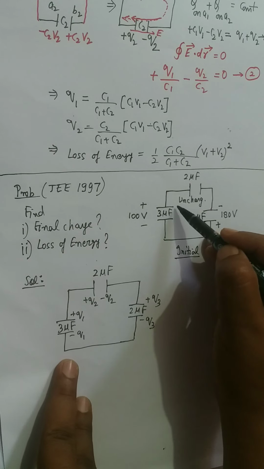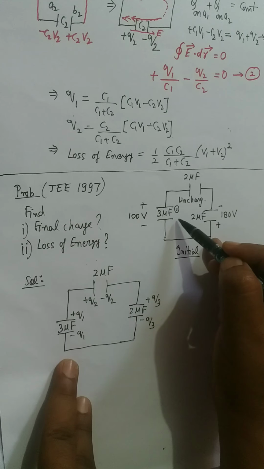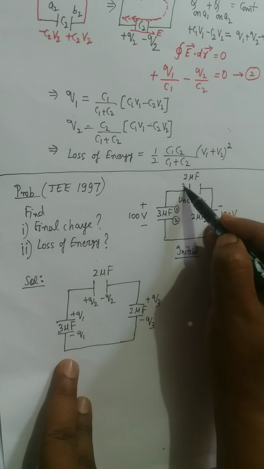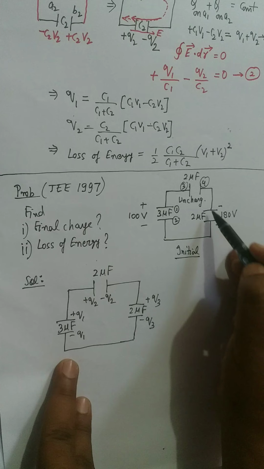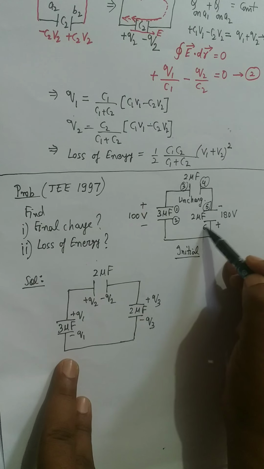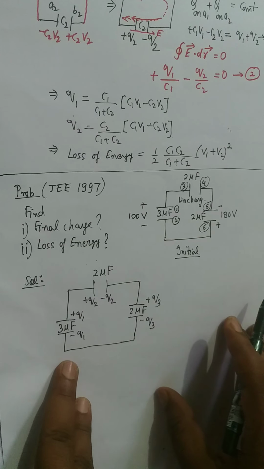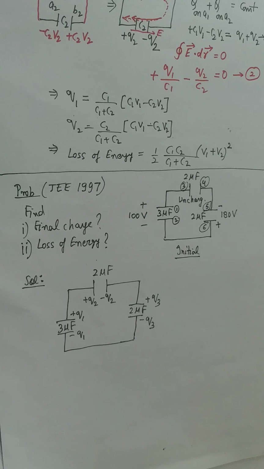Let the plates be named as plate number 1, plate number 2, plate number 3, plate number 4, plate number 5 and plate number 6. Notice which two plates are connected together.